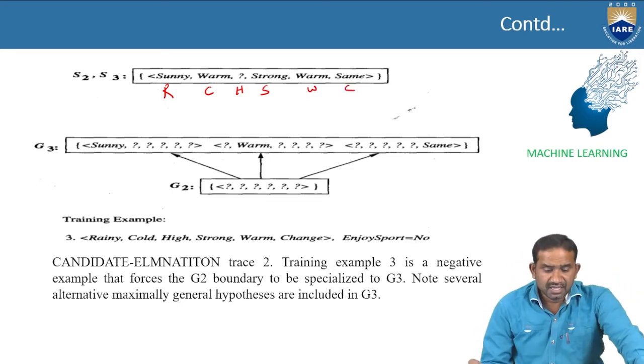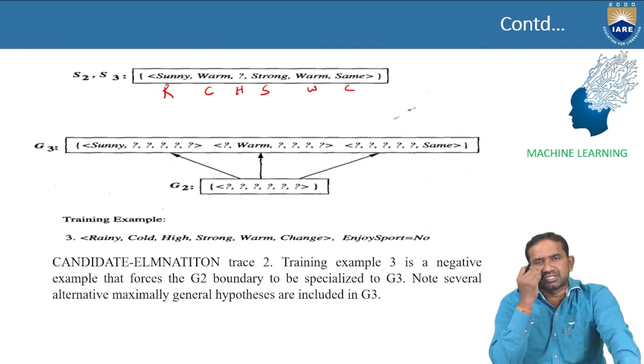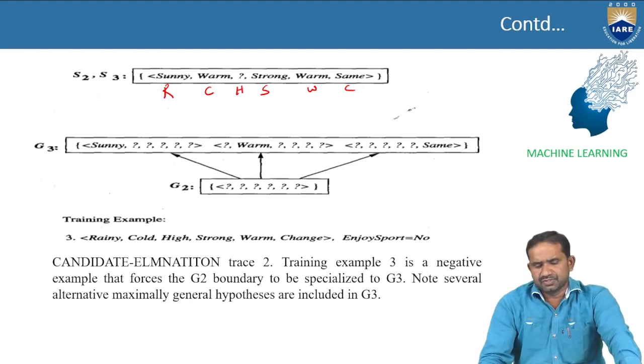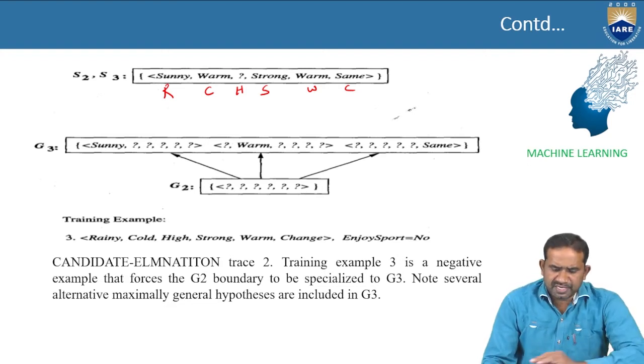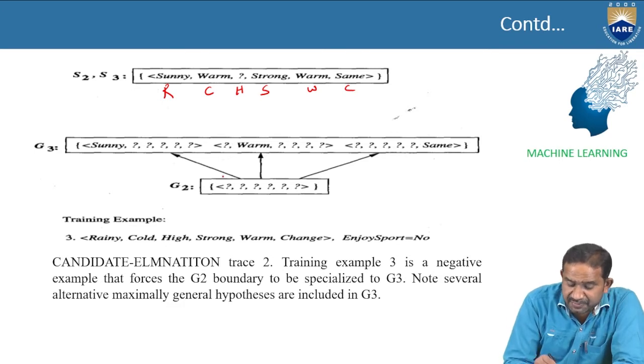S2 becomes S3 because there is no change: there is no positive example, so it stays specific. When comparing these two, remember one logic: we change G2.